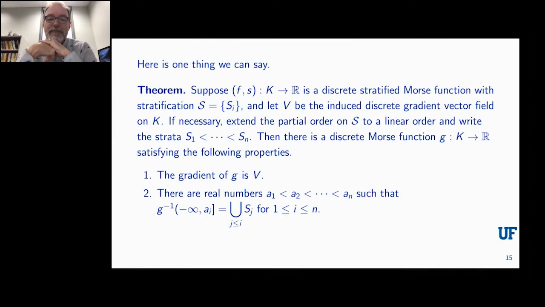But there are some numbers where the sublevel sets for this discrete Morse function g are the union of the strata up to that level. So if I pull back the number ai, the sublevel set at ai, it's the union of all the strata sj where j is less than or equal to i. So we say that such a function separates the strata.